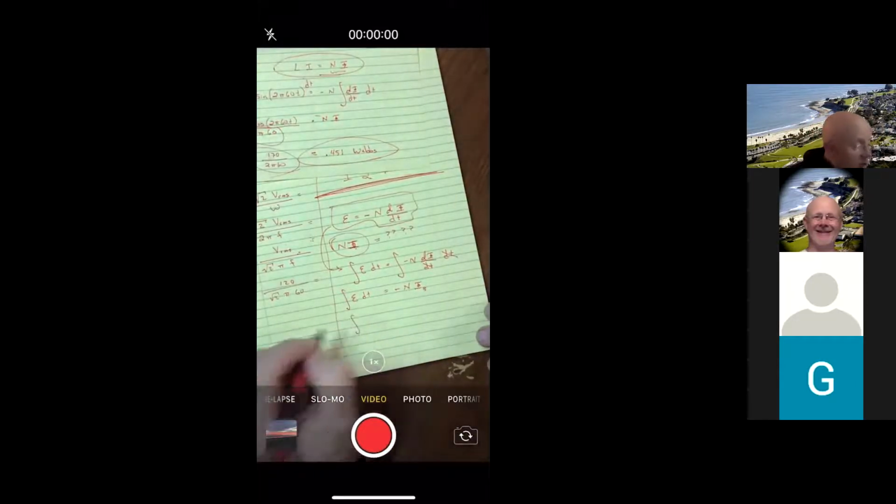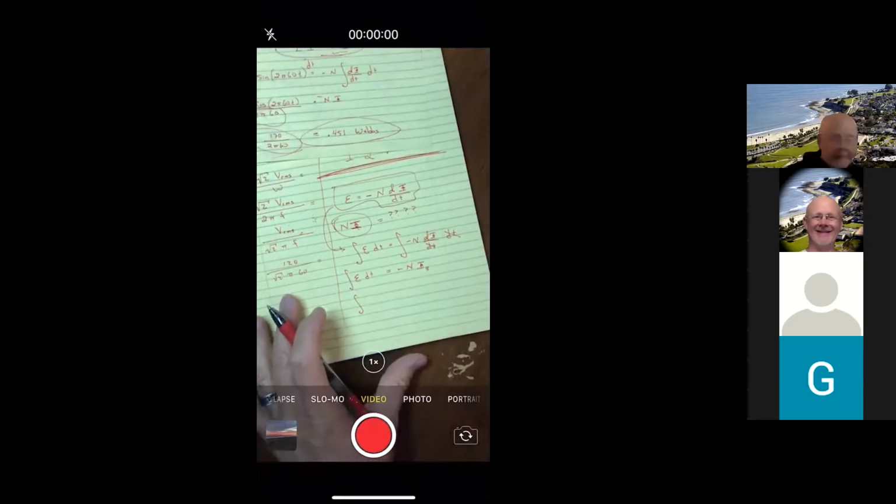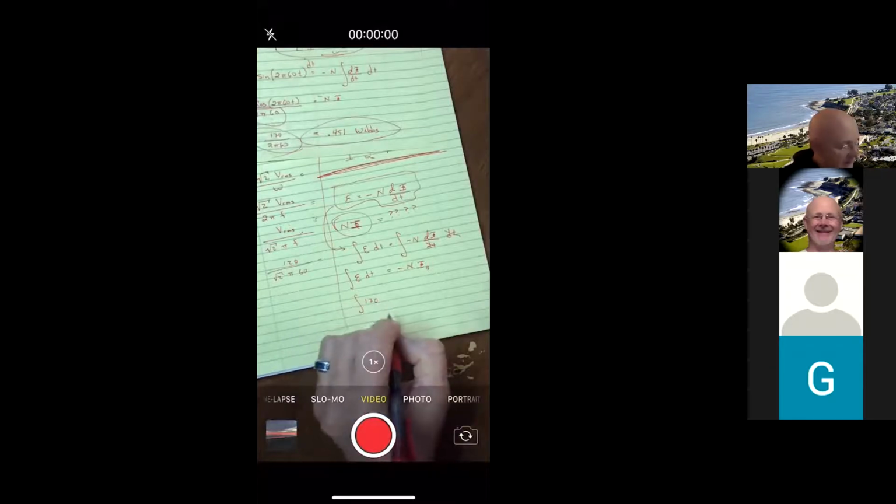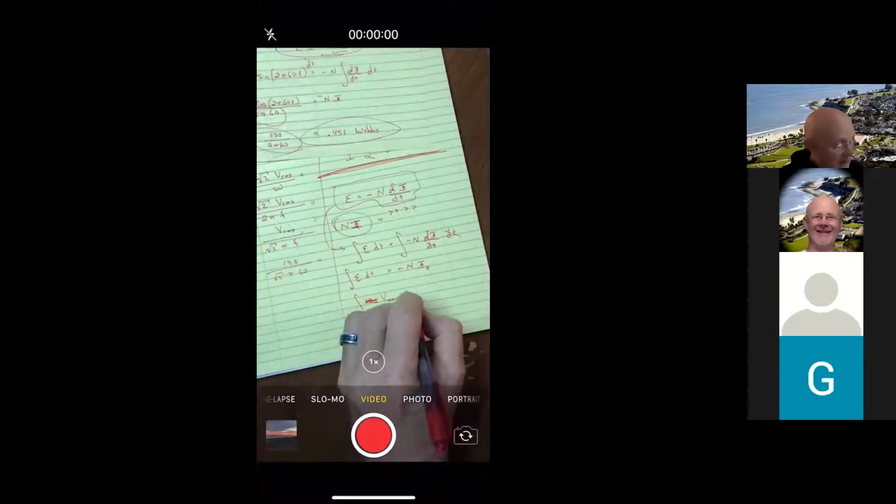And the voltage, since it's plugged into a common outlet, and I should say common outlet in North America, I've got to write this as 170. I think maybe I'll just use symbols. V maximum times the sine of omega t.